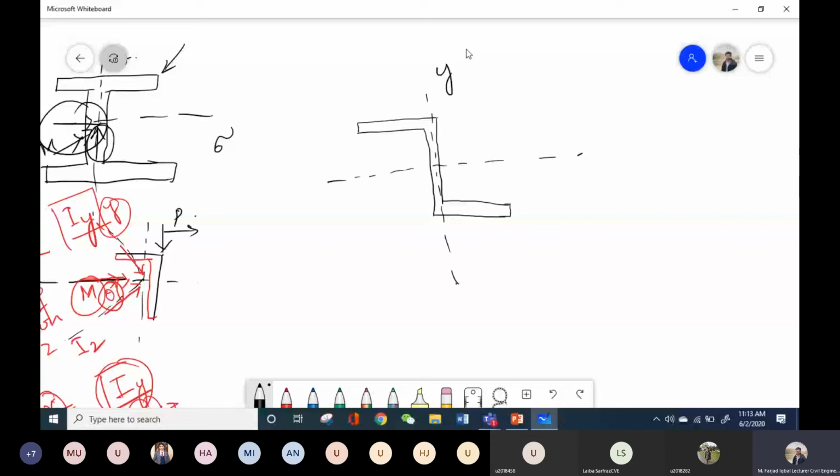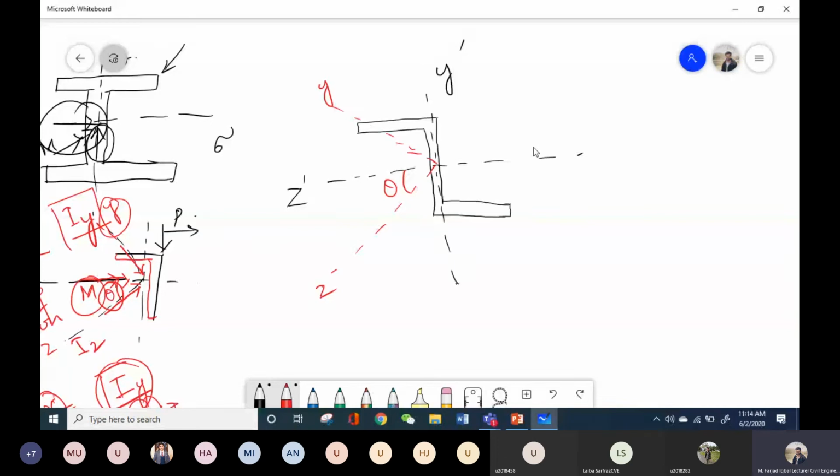I will name it as Y dash, and this as Z dash. These are my centroidal axis, and let's suppose that these are my principal axis, which I will name as Y and Z. And this is the inclination of this principal axis with respect to the centroidal axis.